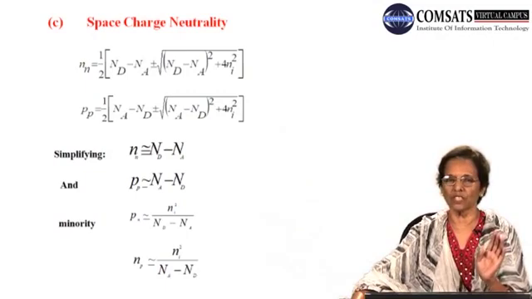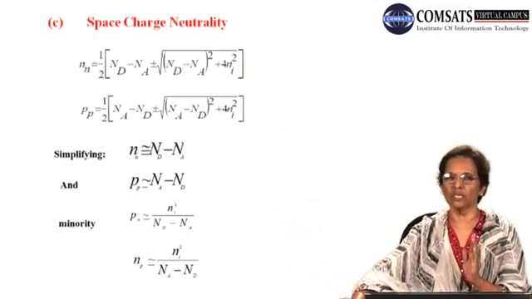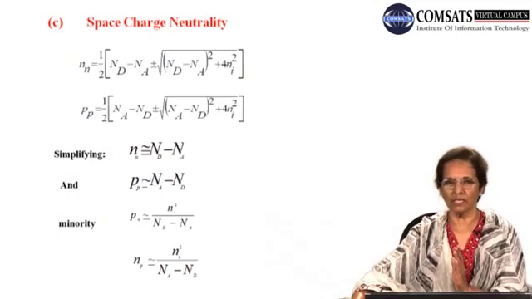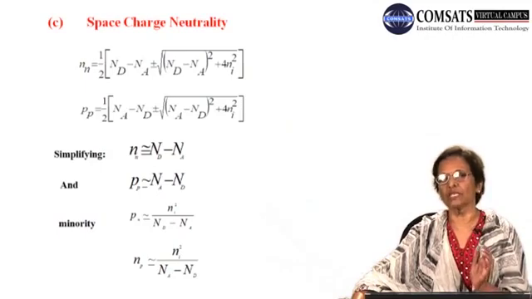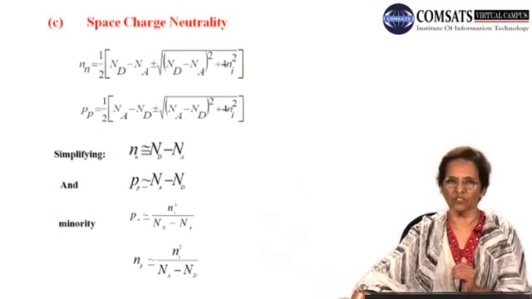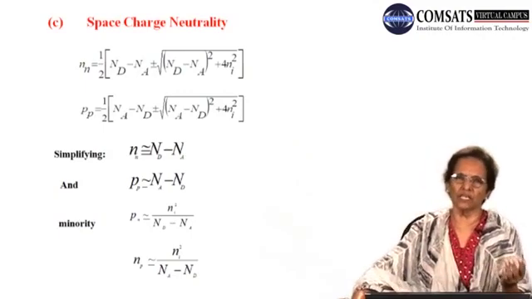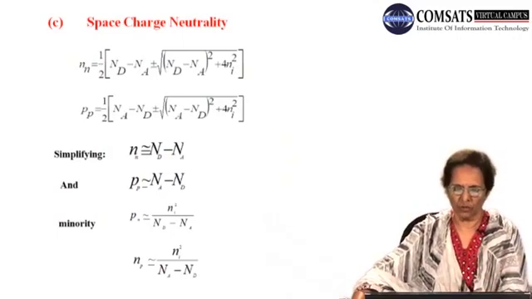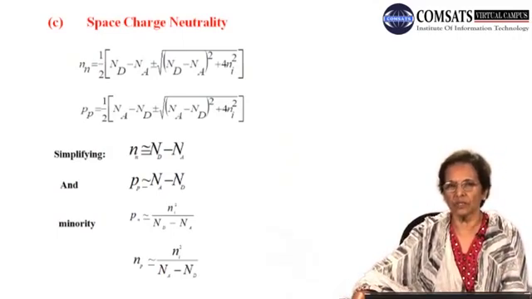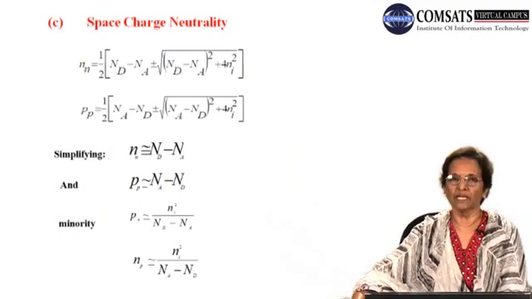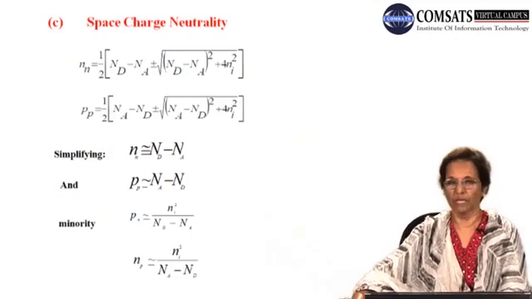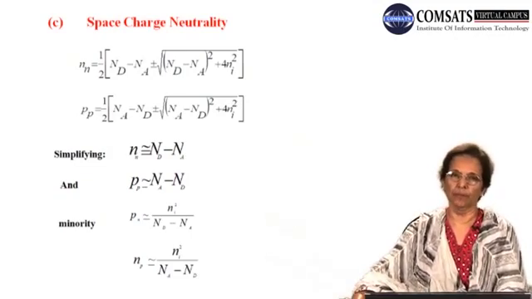That is, the total negative charge must be equal to the donor concentration minus the acceptor concentration, if there is any. Similarly, the hole concentration in a p-type material can be approximated to be equal to the acceptor concentration minus the donor concentration, if there is any. Therefore, the minority hole concentration in an n-type material is given by ni square over Nd minus Na. Similarly for the minority electron concentration in the p-type material.